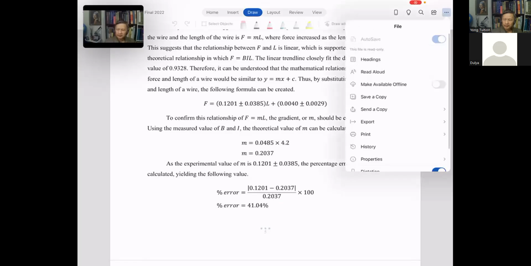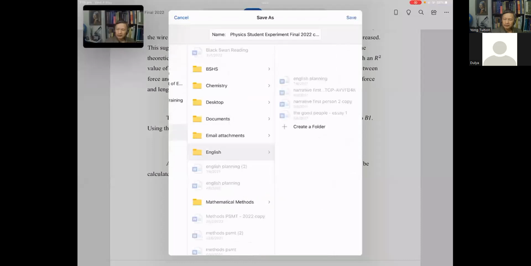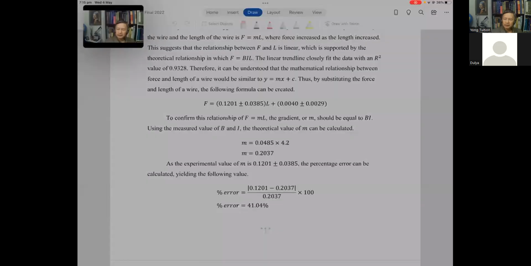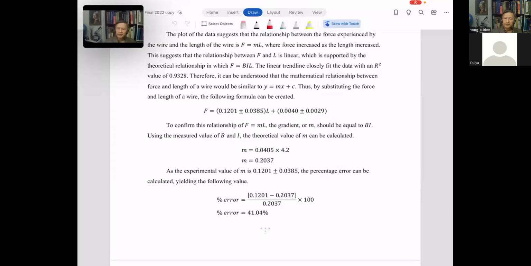Yeah. And what does this first equation mean? So this is what we got from the graph. This is the line of best fit. So the slope is 0.12, right?